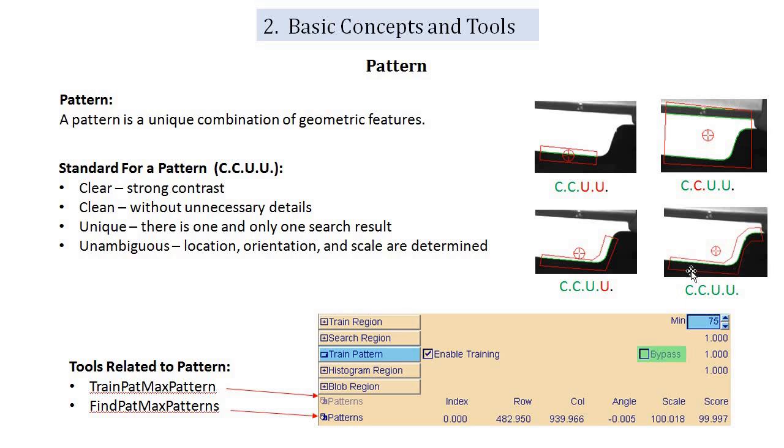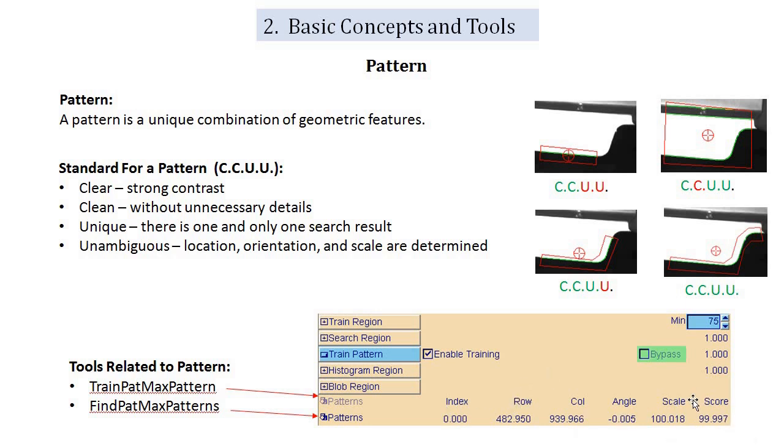So the search region needs to be sufficiently large to cover the possible location of the pattern. And then once all these are properly defined, you will see the result of the pattern search here.